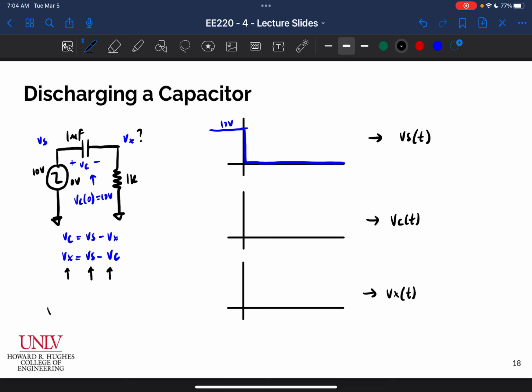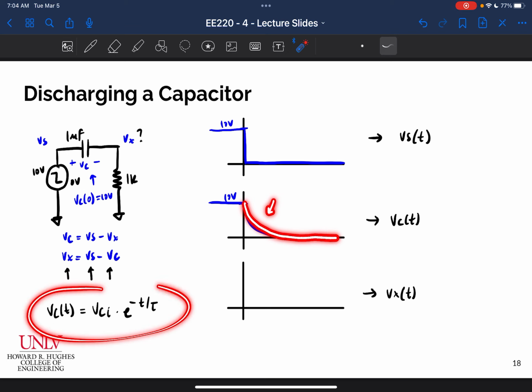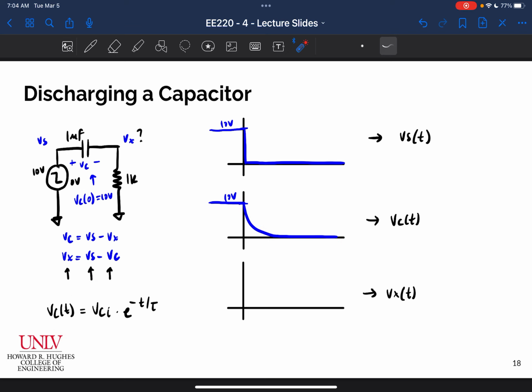For a discharging case, VC of t is our initial capacitor voltage times e to the minus t over tau. Based on our initial condition starting at 10 volts, VC of t should do this discharging exponential behavior right here, according to this equation. That's important to note.